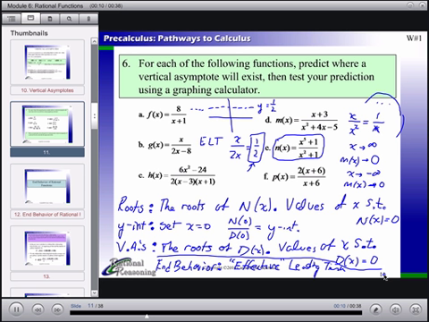What's the effective leading term? x cubed. x cubed, right?